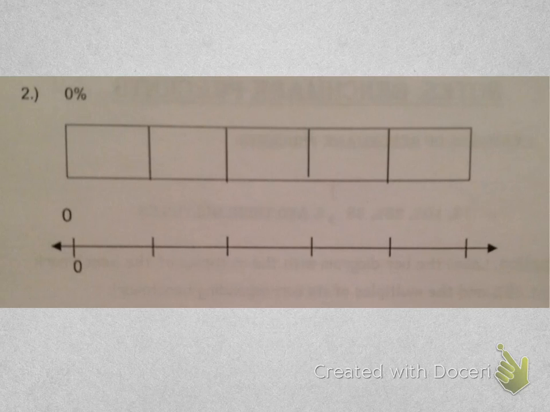So here we just have a bar diagram and a number line, and we have to figure out what it's increasing by. So we're going to use that same technique, and we're going to figure out how many parts it is. We have 1, 2, 3, 4, 5 parts. So we know that if we have all of it, we have 100%. And then if we broke 100% into 5 parts, we would have to divide 100 by 5, which gives us 20.